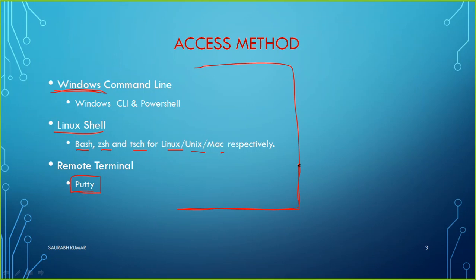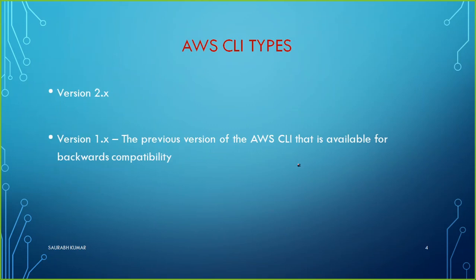But in the updated version, SAA-C02, which we are covering in our syllabus, for Solutions Architect Associate, we are also going to have a look at the command line interface. That's why I have added this last session to get some information about the command line interface as well.